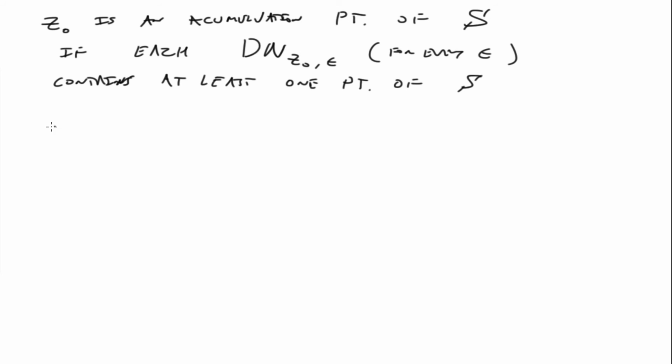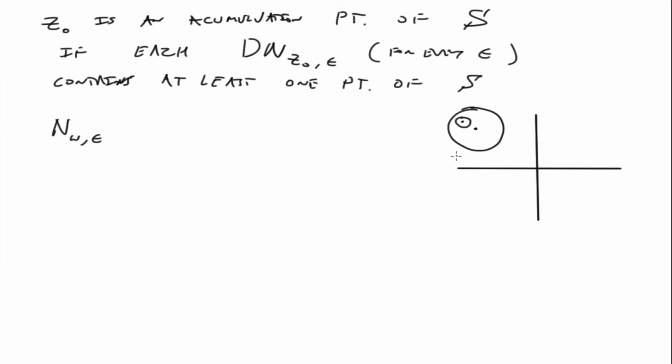All right, so let's talk about an example of an accumulation point. Let's talk about our neighborhood again, a neighborhood of some point W comma epsilon, and we can draw that as such. There's our complex plane, and then we draw a neighborhood there. An accumulation point means that if I take a point there and put a little epsilon ball around it, a little deleted neighborhood that doesn't include the one point that it's centered on, clearly it intersects with some other point of the set, right?